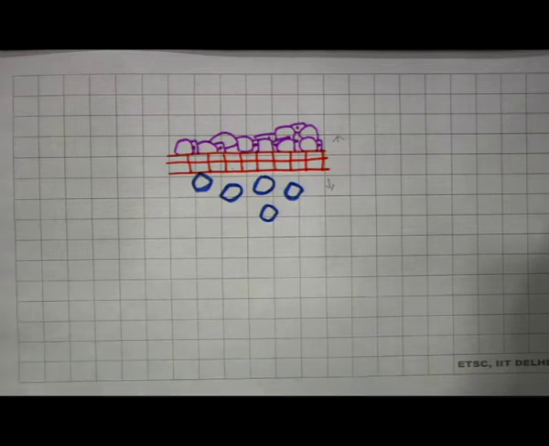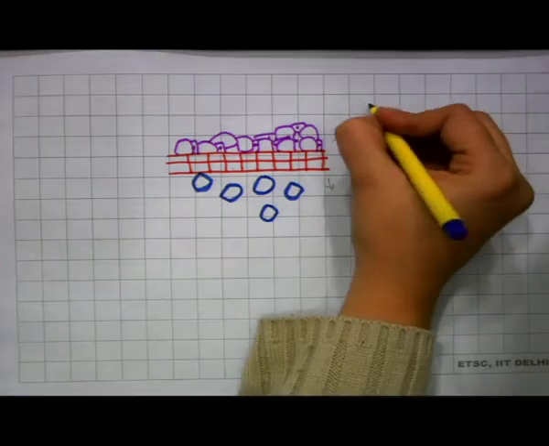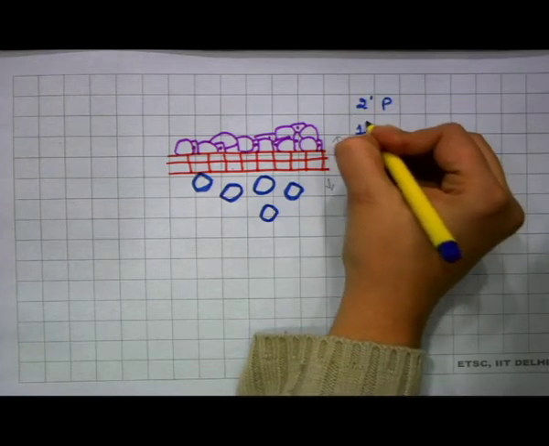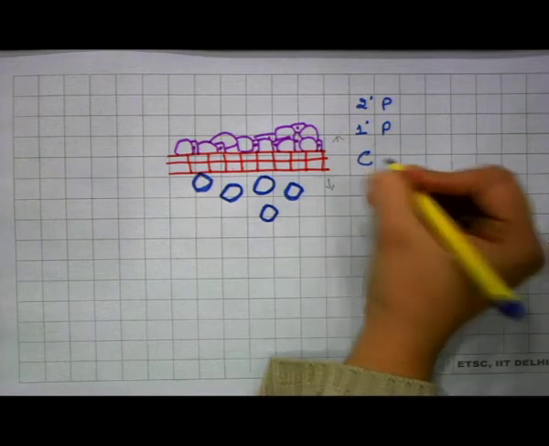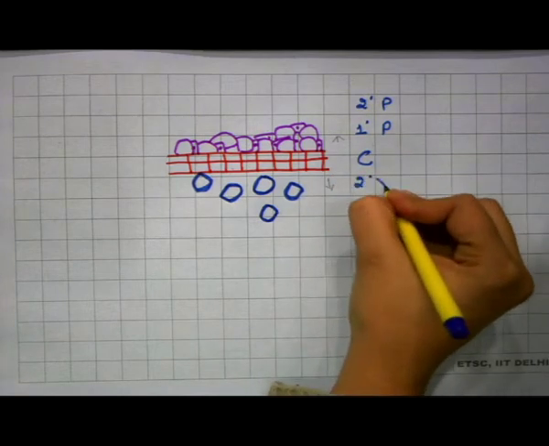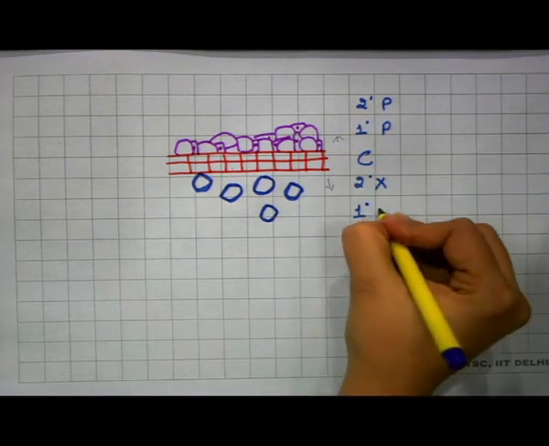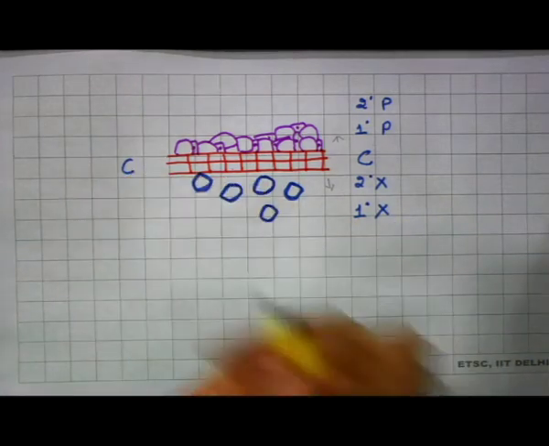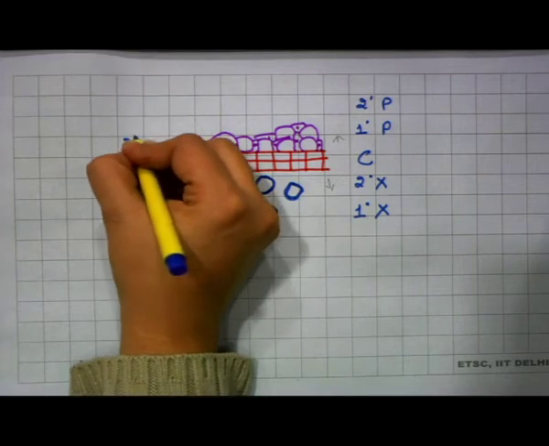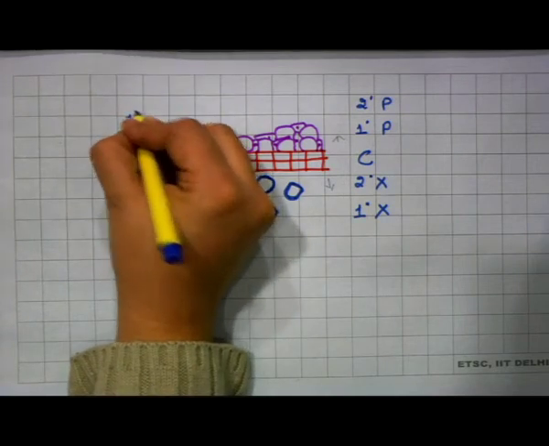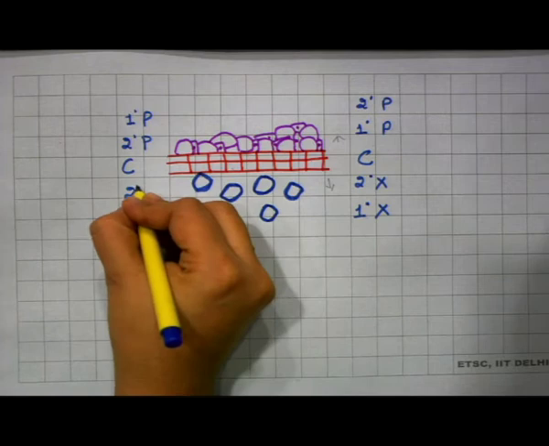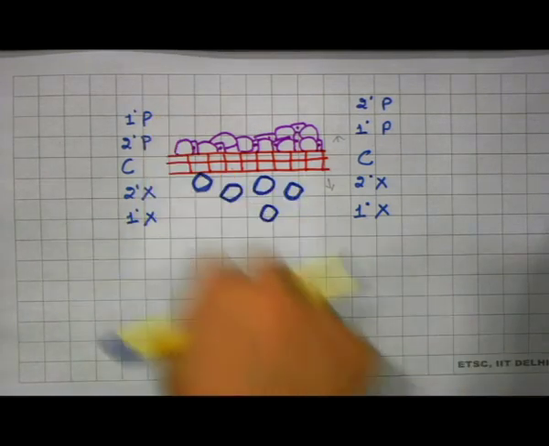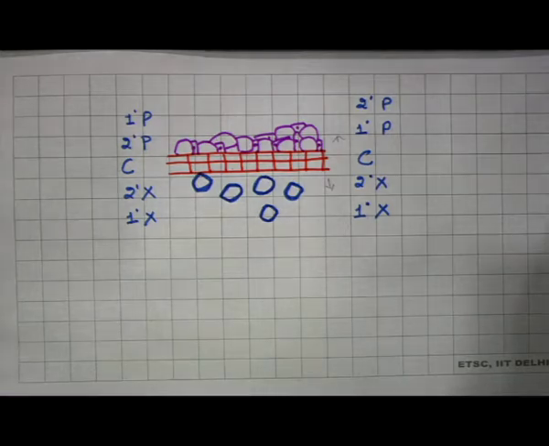Will the order be secondary phloem, primary phloem, cambium, secondary xylem and primary xylem, or it will be like secondary phloem, primary phloem, secondary xylem and primary xylem? Which of the two options is correct?